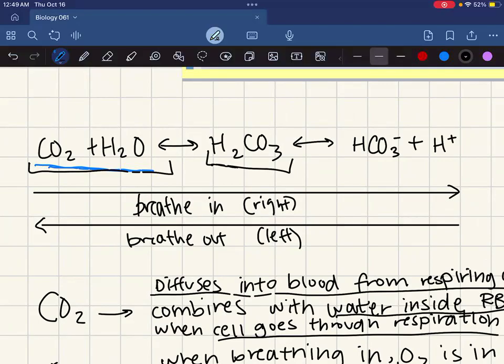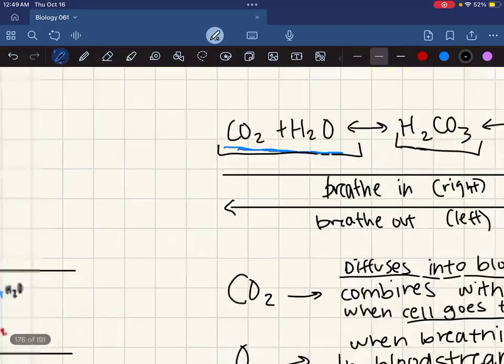And in this case, pH will be decreasing because we have bicarbonate as a product and also hydrogen ions, also known as protons. And why does pH decrease?